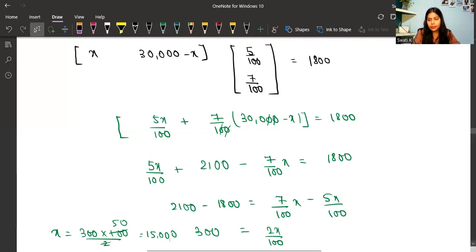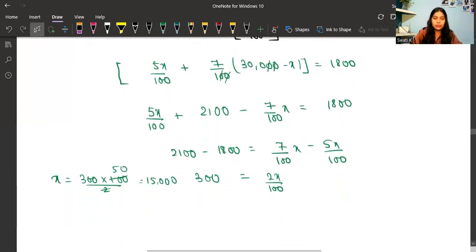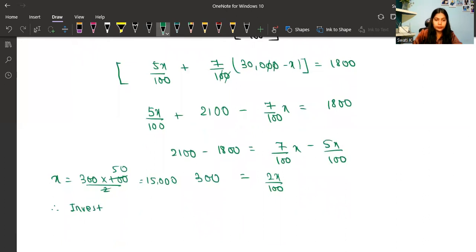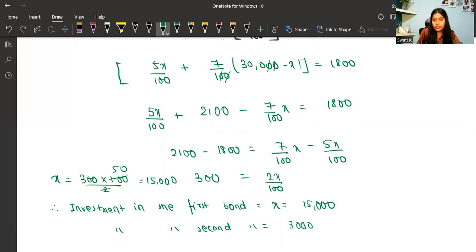Therefore, the investment in the first bond that we had taken as x, we got 15,000. So automatically the investment in the second bond, that was 30,000 minus x, that is 15,000.